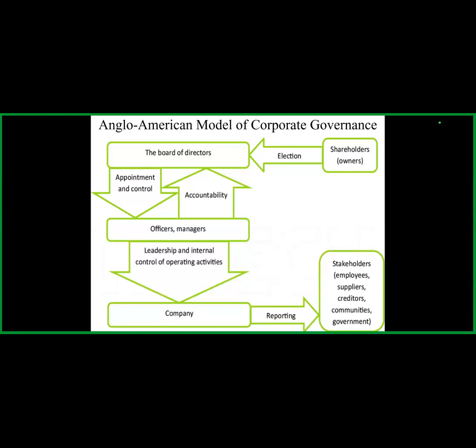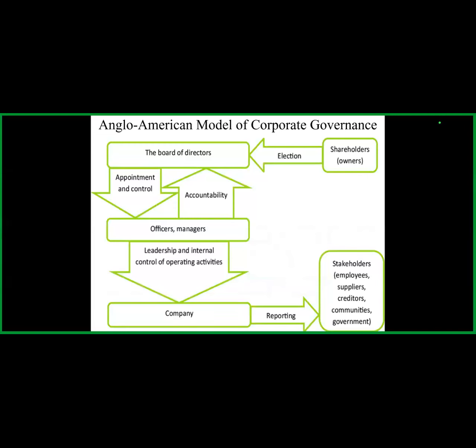Now, on the whole, this company A is responsible for reporting to all the stakeholders. Stakeholders means the employees, suppliers, creditors, the community, and the government.